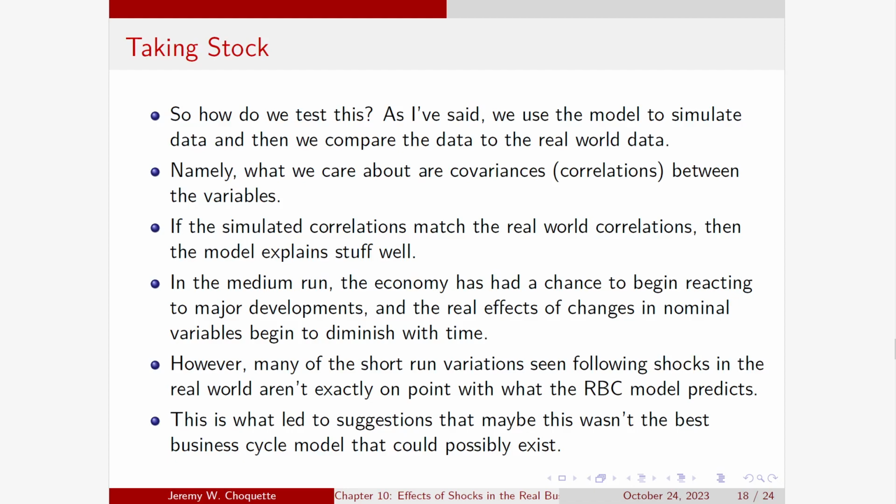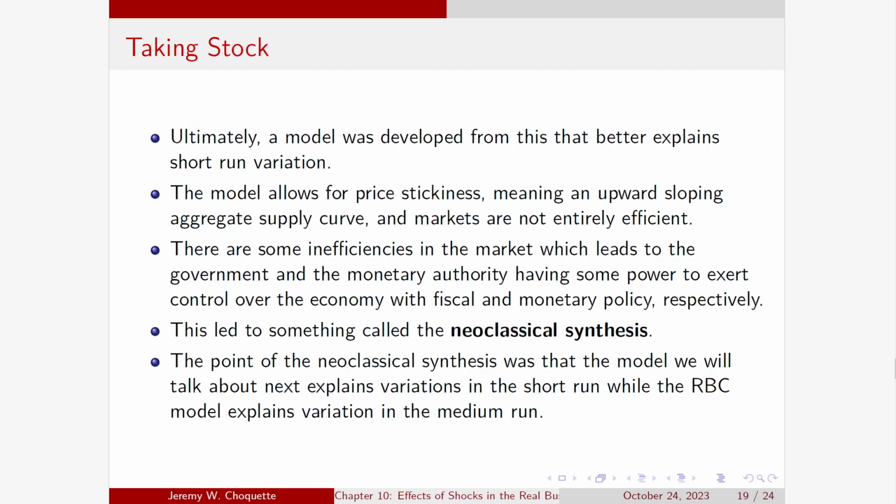So it kind of makes you think, okay, maybe this isn't the best business cycle model that could exist. Or maybe it is good for business cycle stuff, but it's more like long run effects or medium run effects of business cycle stuff. Maybe it's not that good at showing us what happens in the short run.